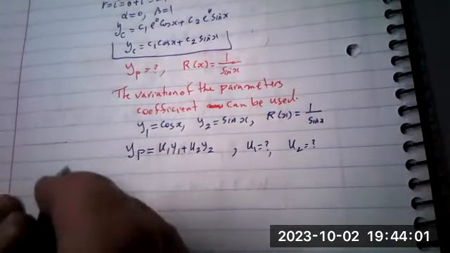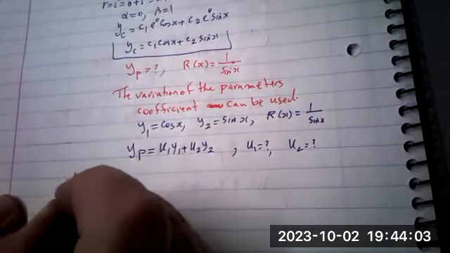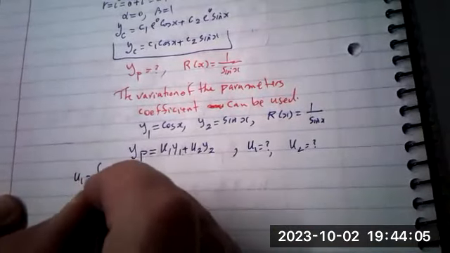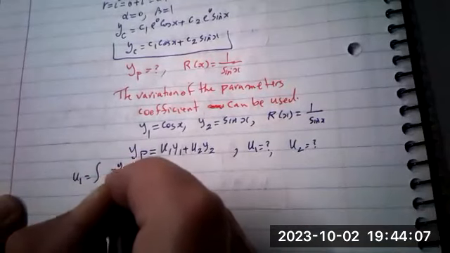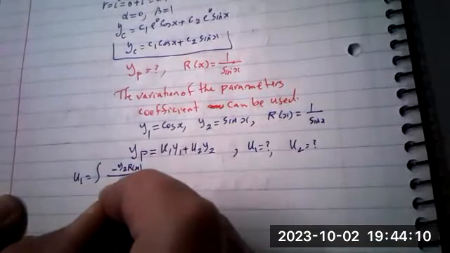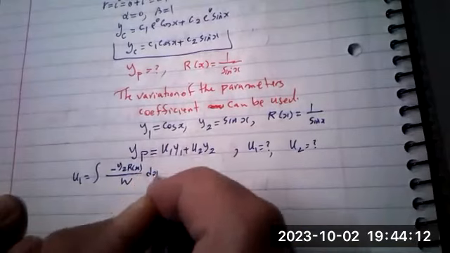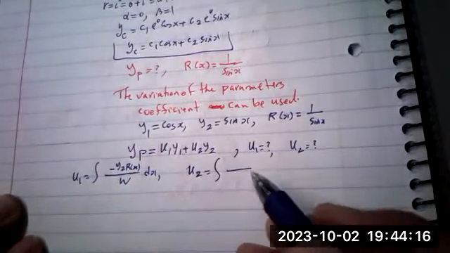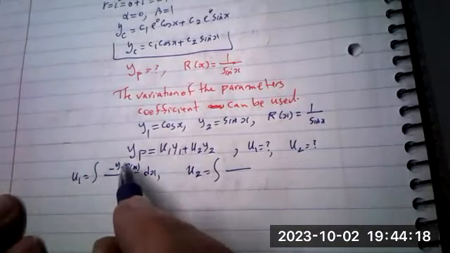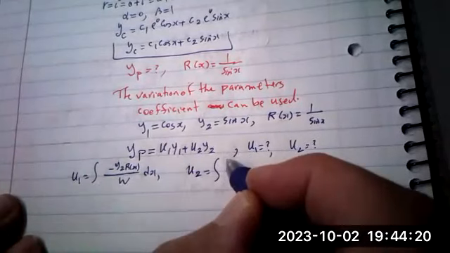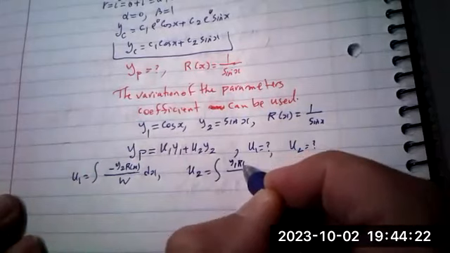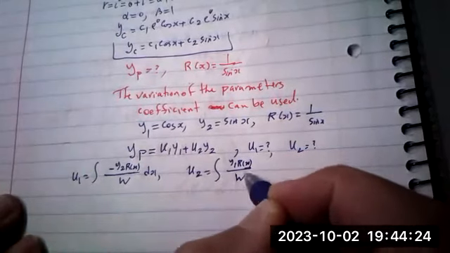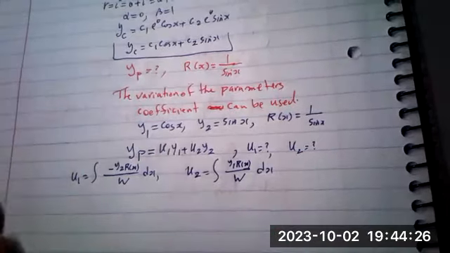Remind yourself: u1 is the integral of negative y2 r of x over the Wronskian dx, and u2 is the integral of y1 r of x over the Wronskian dx. It's easy to remember: when it's 1, it's 2, the other way around. So this is your tool.